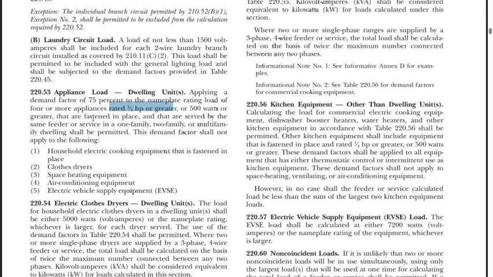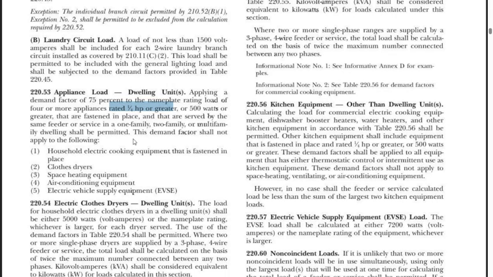All right, so there needs to be 4 of them. They need to be 500 watts or greater, that are fastened in place, and that are served by the same feeder service as, of course, the house.